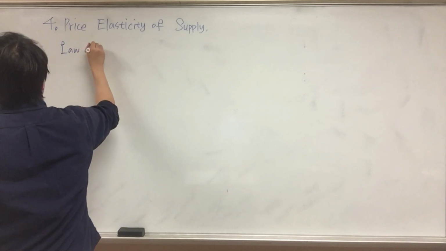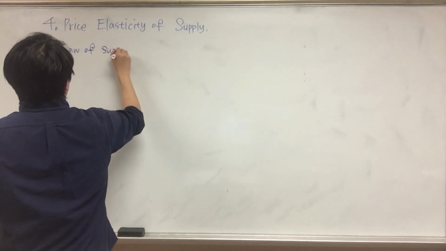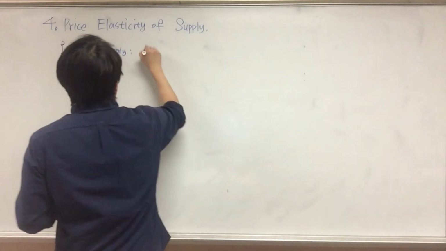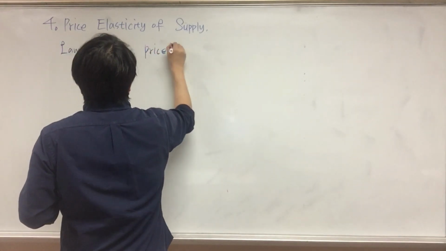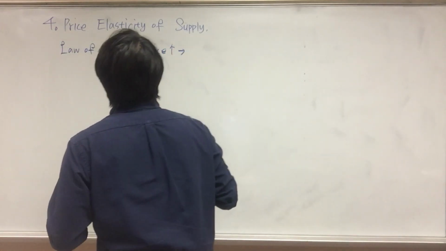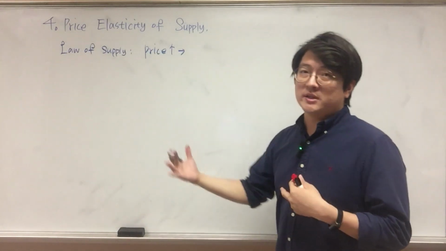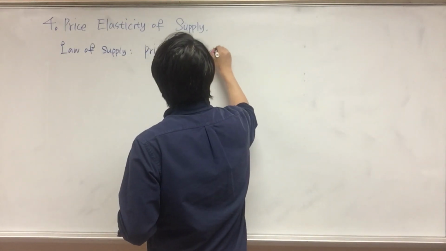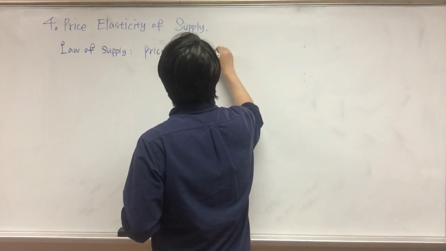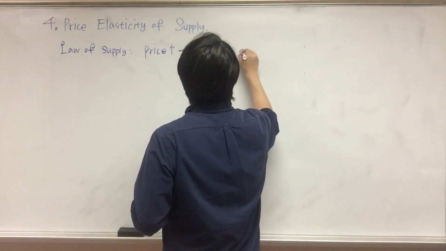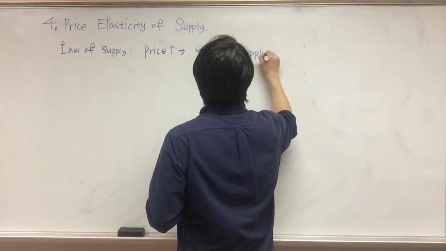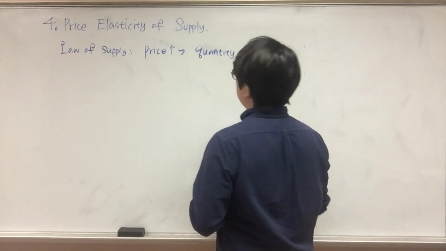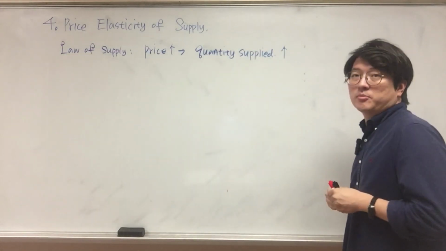Law of supply is: price goes up, you will want to make more products, so your quantity supplied goes up, right?